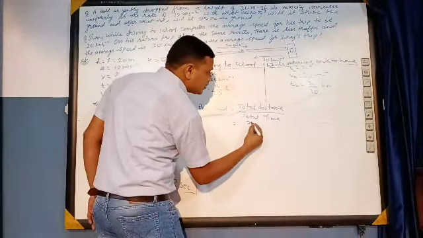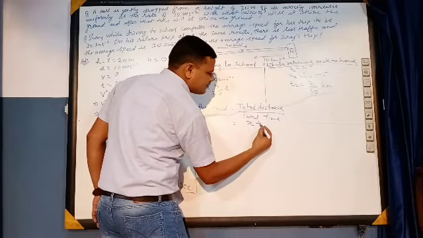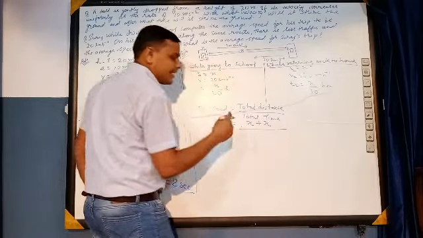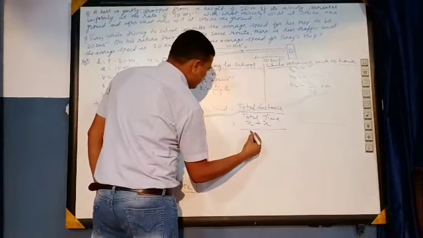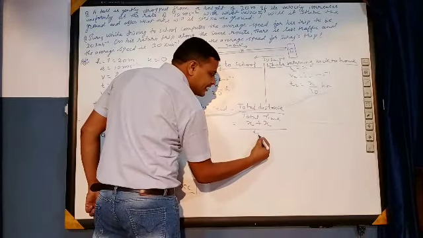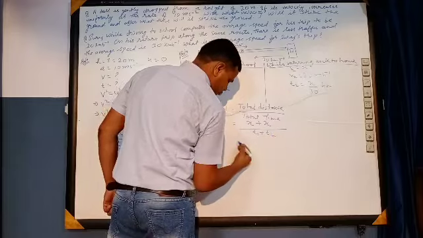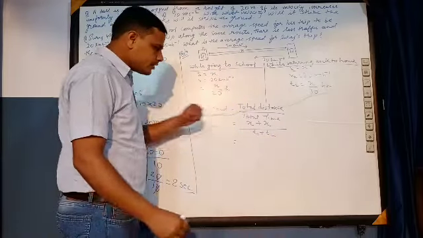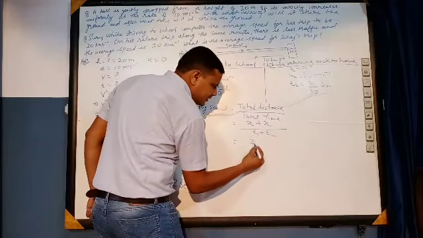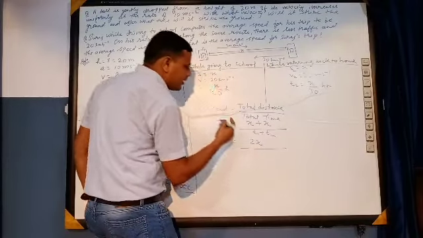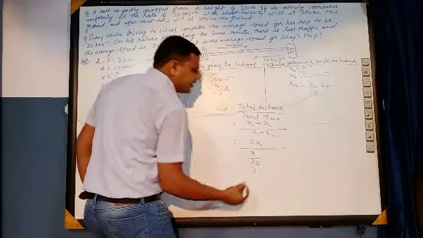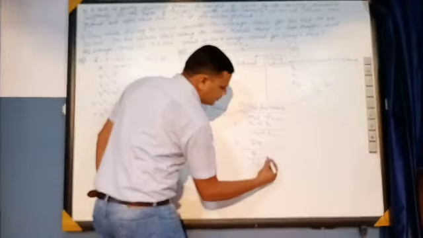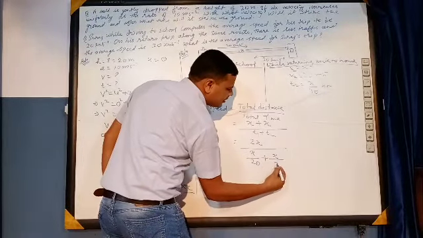So total distance is x plus x, because while going or coming distance is the same. Now total time is T1 plus T2. Now x plus x will be 2x. What is the value of T1? We have x upon 20. What is the value of T2? We have x upon 30.